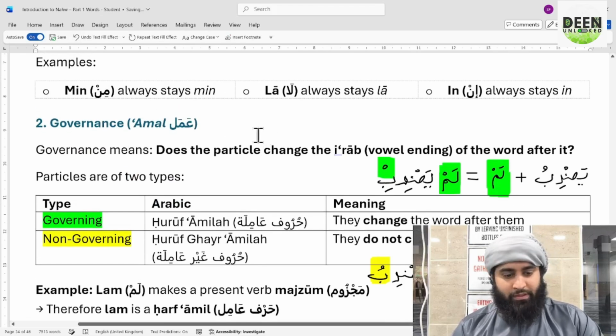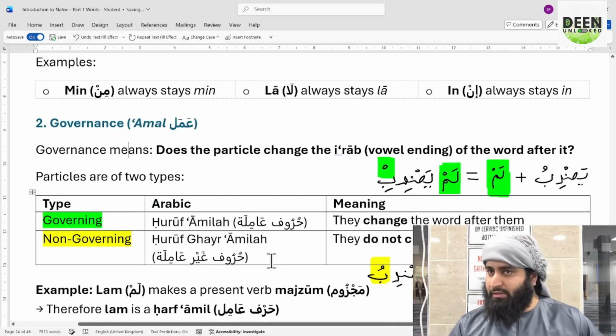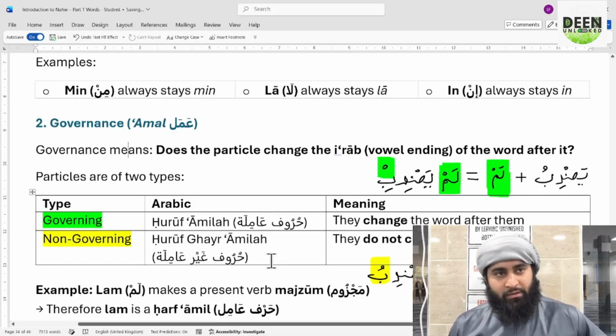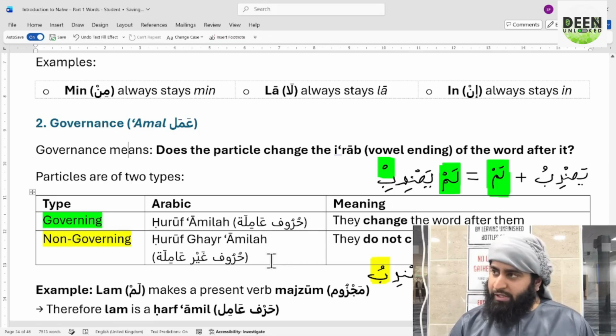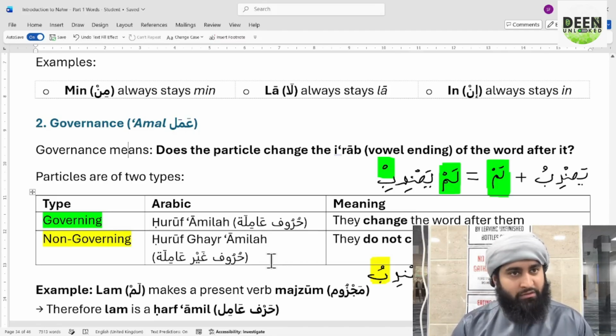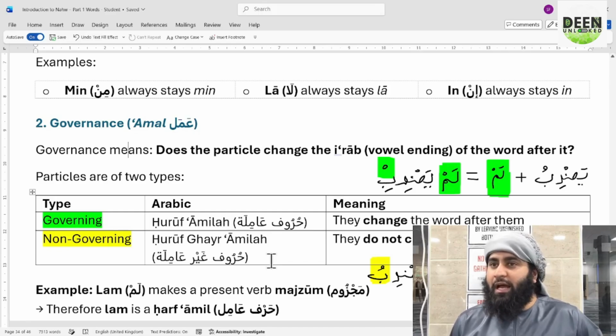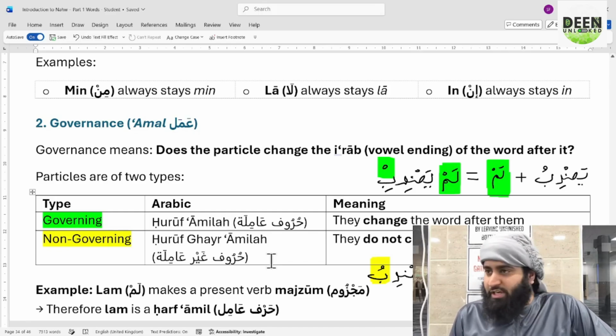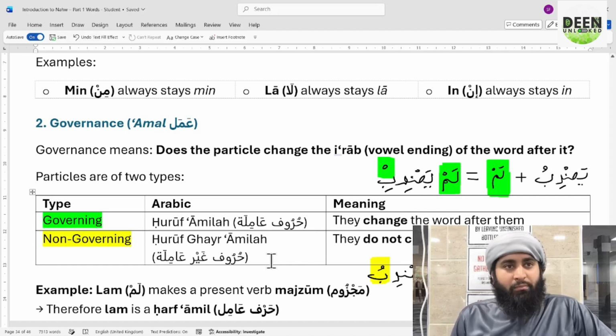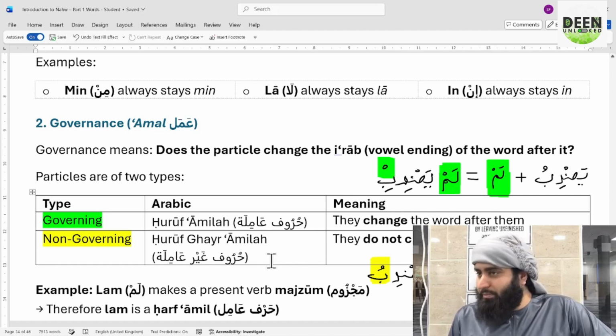amal. So some particles only change the meaning, but they don't change the effect on the word itself. Example, la yadribu. Yadribu, has it changed? No, it was yadribu before. We've just added la. What's only changed? The meaning.